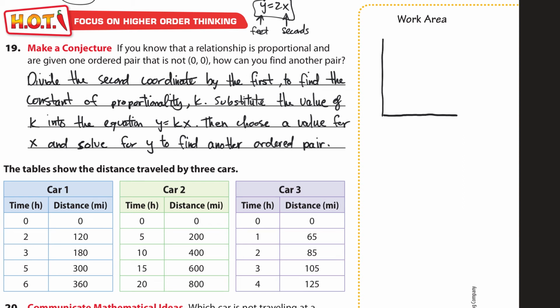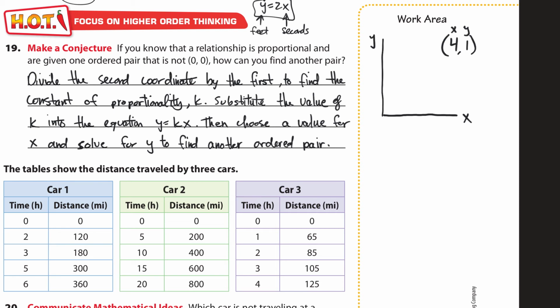You know that it's proportional, and you're given at least one ordered pair, like, let's give an ordered pair of 4, 1. So if I have 4, 1, this is the x value, this is the y value, this is the x-axis, y-axis.